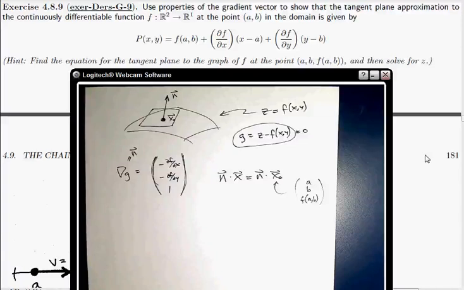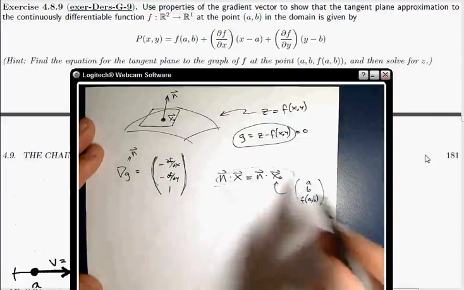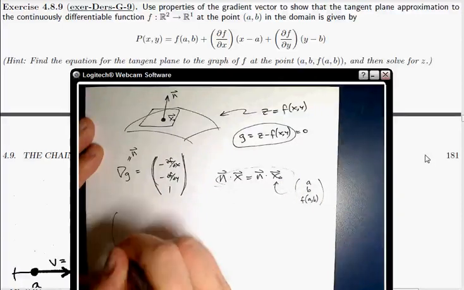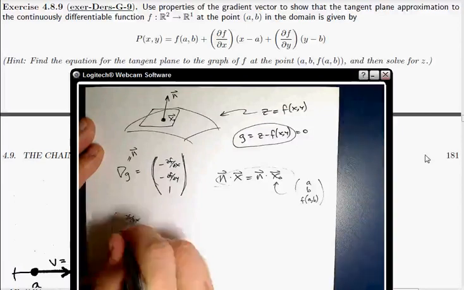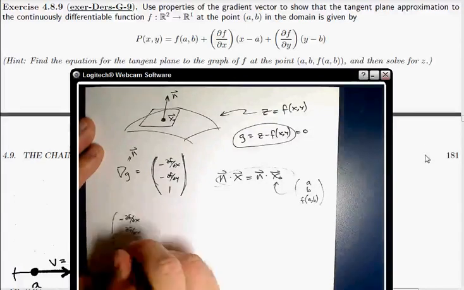So altogether, let me just write it all out. Here's my normal vector.